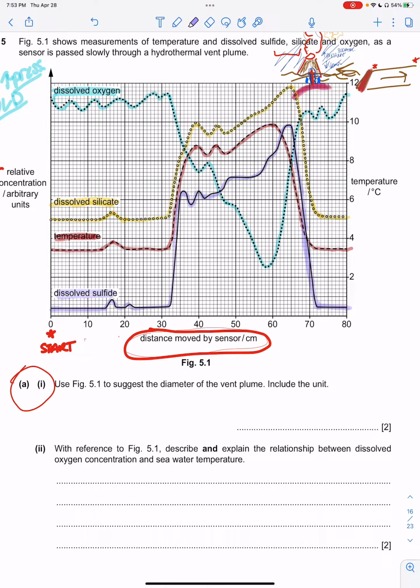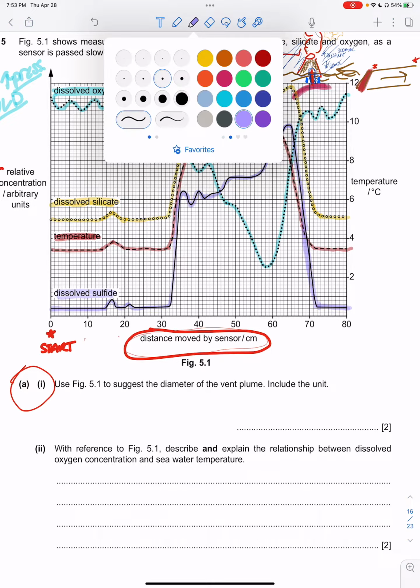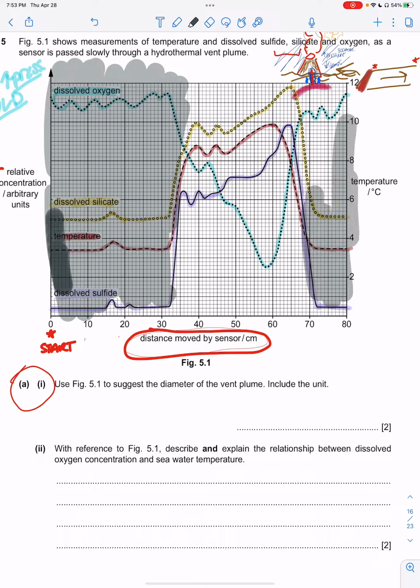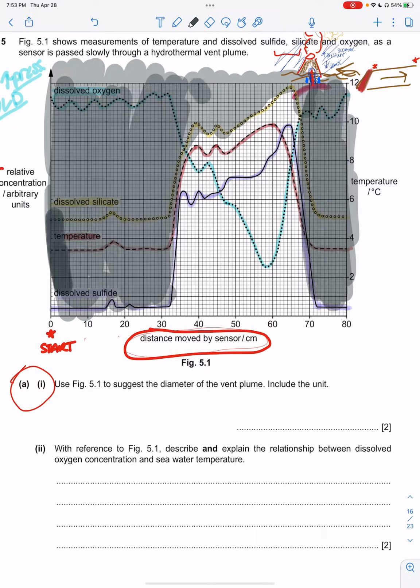Okay, so if we don't look at it necessarily as a graph right now, you can kind of see what I see. I'm going to erase this, but this is the bottom of the ocean, right? It's the seafloor. They're looking at a plume from a hydrothermal vent.